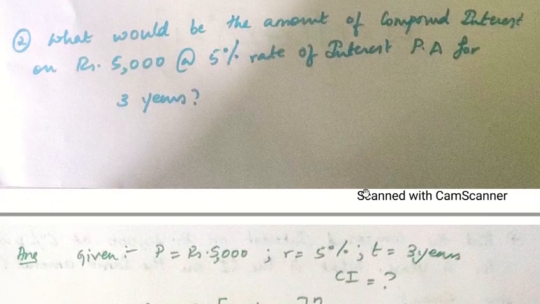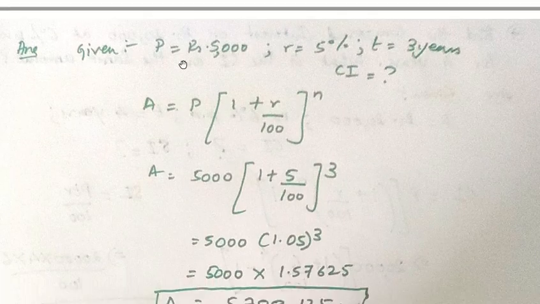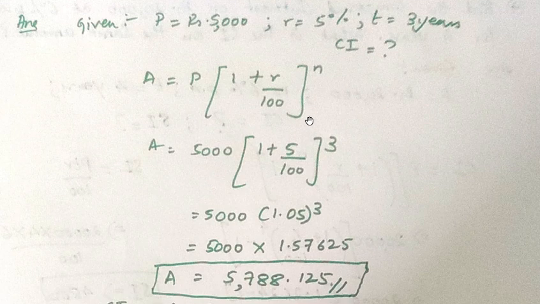So our next question: what would be the amount of compound interest on rupees 5,000 at 5% rate of interest per annum for 3 years? Your principal is 5,000, rate of interest is 5% and the time, or n, is equal to 3 years. You are supposed to calculate your compound interest.